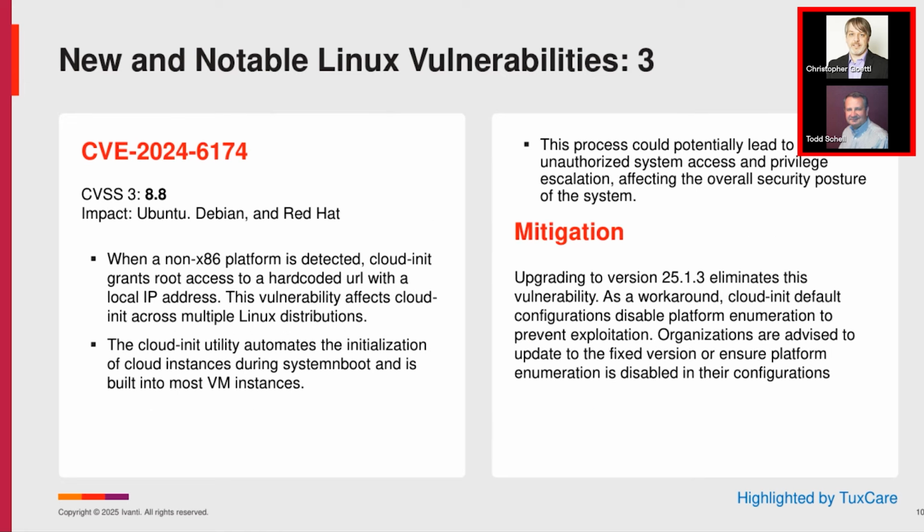The third one is another one that's definitely notable, affecting a number of Linux distributions, Ubuntu, Debian, and Red Hat, upgrading to version 25.1.3. Was this one a kernel update? It doesn't specify if it's a kernel update or which piece is getting updated to get to that resolution. Yeah, I don't think they called that out, Chris.